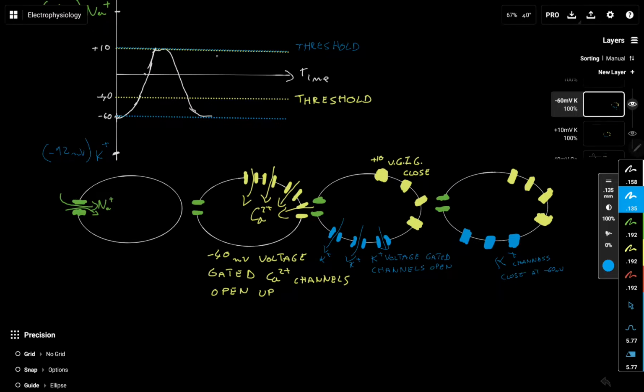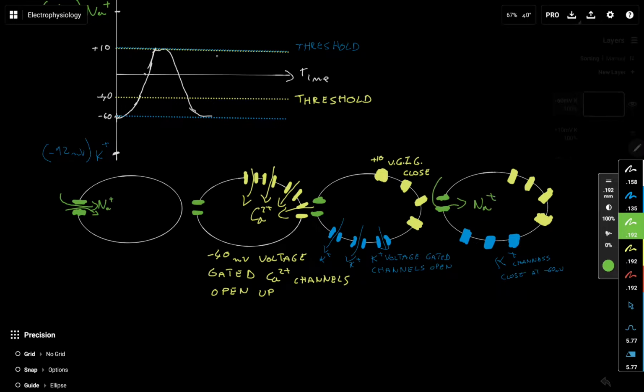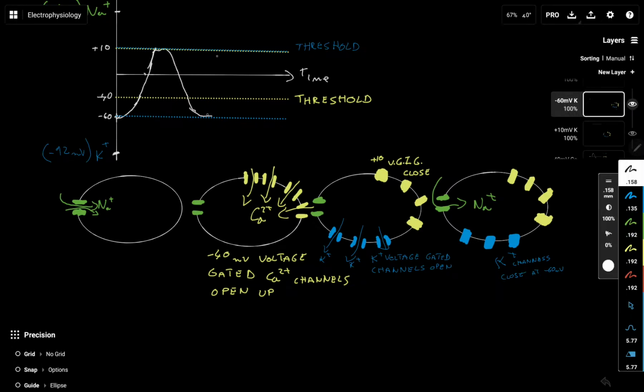What's going to happen at this point? I'm going to have this constant leak of sodium coming in, and my action potential will start all over again. It's very slowly going up, reaching minus 40, where my calcium voltage gated channels will open up, and it's going to go up a little faster. It's going to reach plus 10.